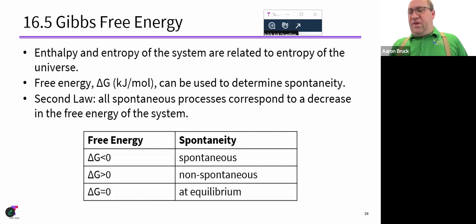So with the use of Gibbs free energy, we can dissociate ourselves from having to focus solely on entropy. And we can focus on things like enthalpy and entropy to figure out spontaneity in a much more easily measured kind of fashion.